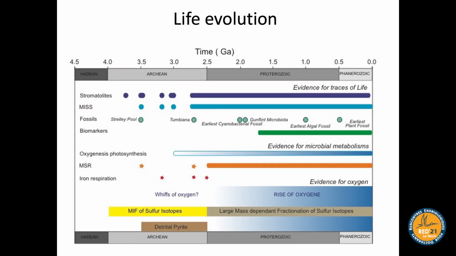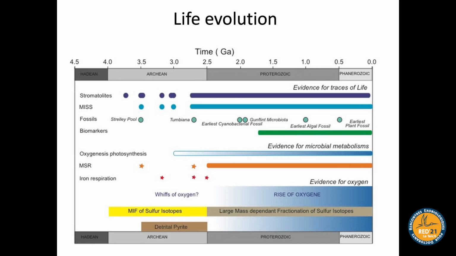And this is also the same kind of record, but only based on the geological record, where we found the stromatolite and what we also call the microbially induced structures, the different fossils, microfossils we can find. The biomarkers, unfortunately, cannot be used during the Archean because there are too many problems of contamination and preservation.